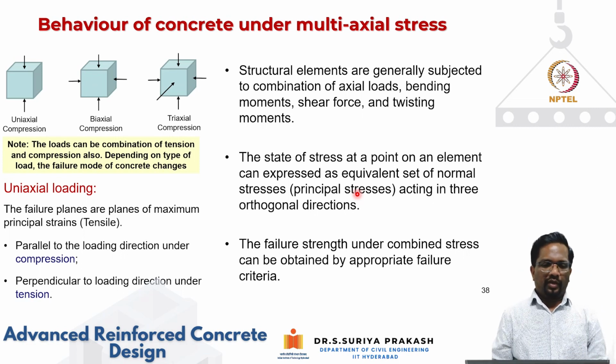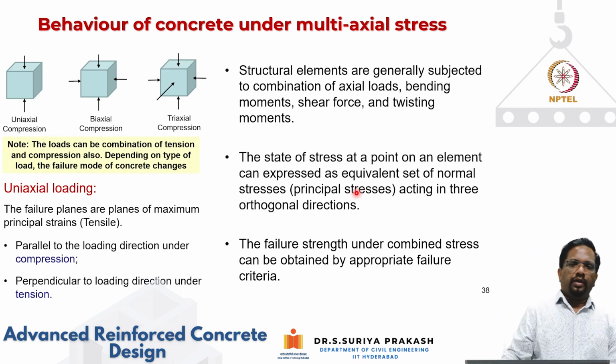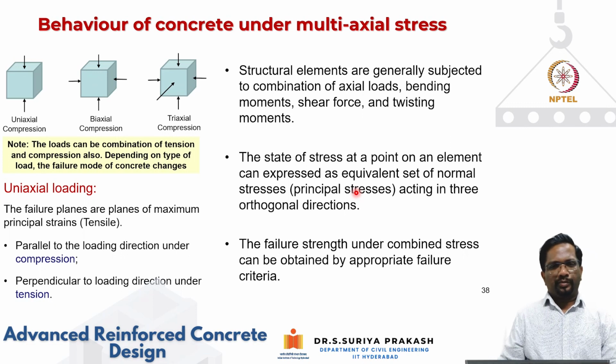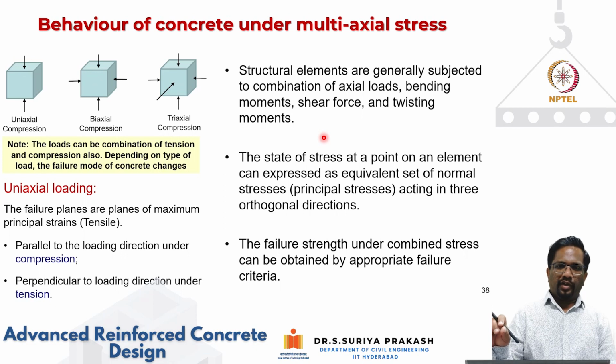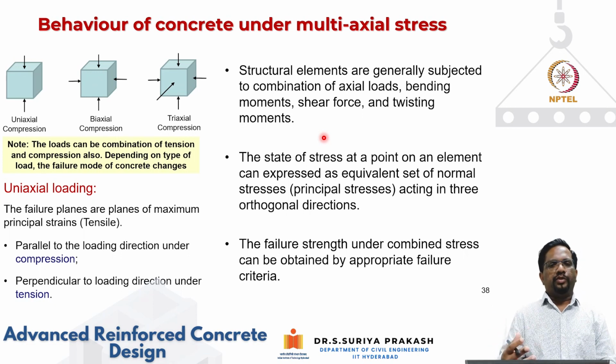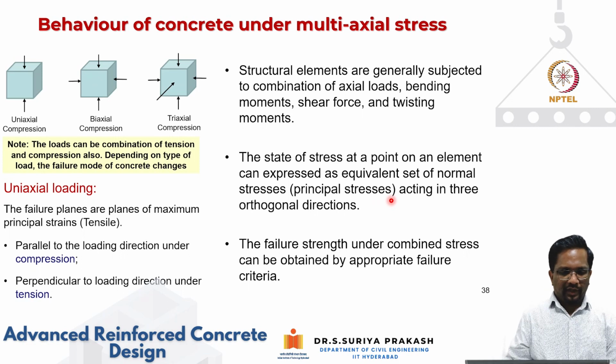So you have nine components; stress at a point is expressed as a stress tensor. For a point, stress can be converted into an equivalent set of normal stresses because it's easy for us to deal with principal stresses acting in three orthogonal directions, right?